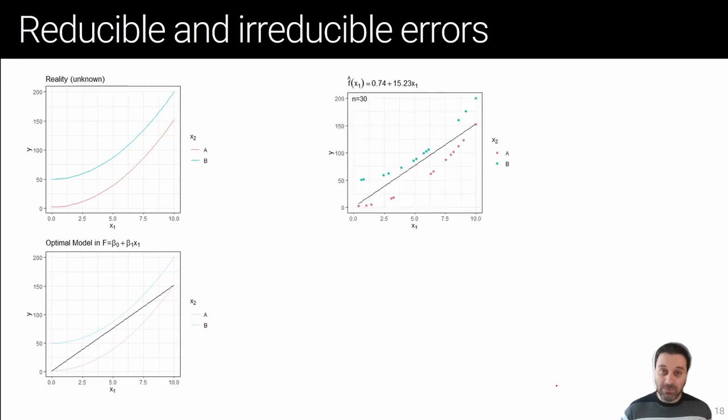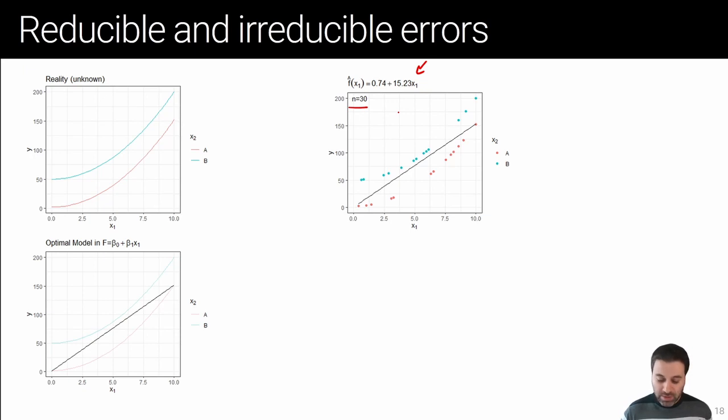We collect some data. So we actually have 30 observations from this process, some blue points over here, some red points over here for A or B, and we build a model that best describes that data given the class of models. And let's say that specific estimate of the model is something like 0.74 plus 15.23 times x1.